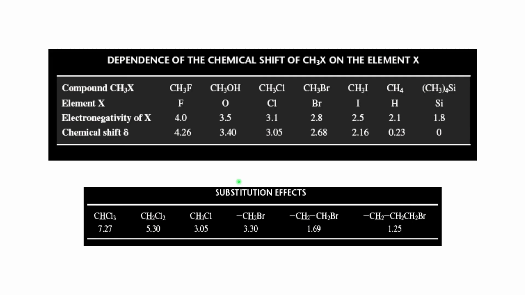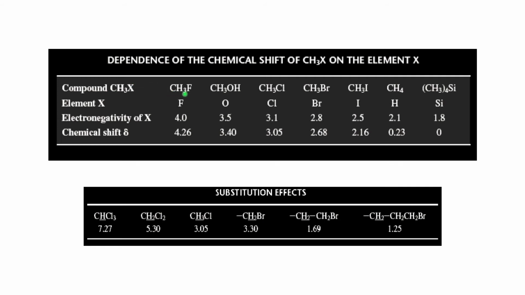This is a chart showing the dependence of chemical shift of a general molecule, CH3X, on the element X. If X is an electronegative atom, how does it influence this compound?